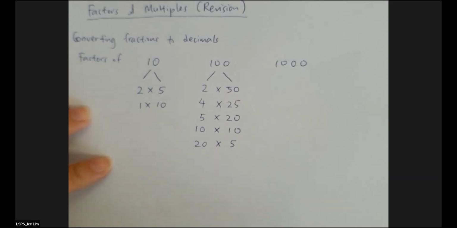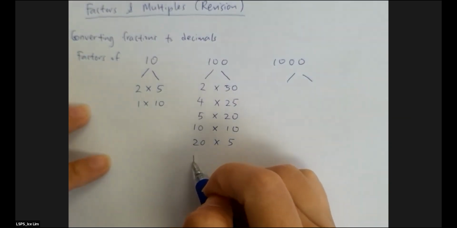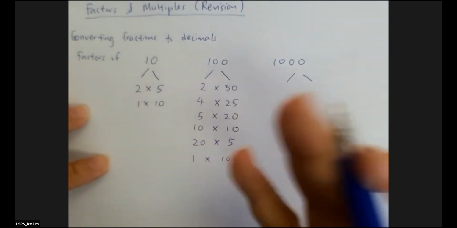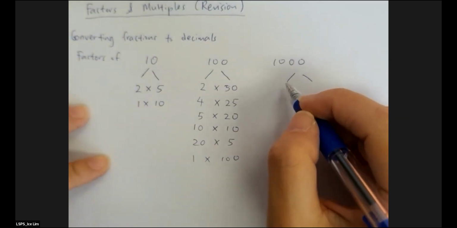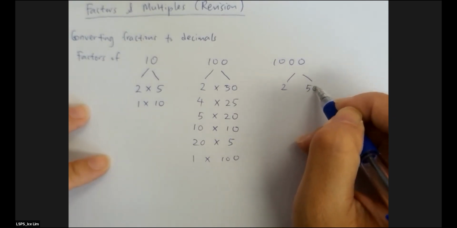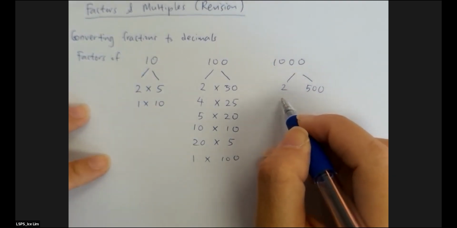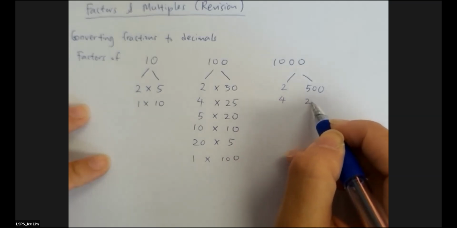So like this, right? And for 1000, well, there's also 1 times 1000, like I said earlier, we don't really need that one. Then we have 2 times 500, sorry. And then we have 4 and 250.